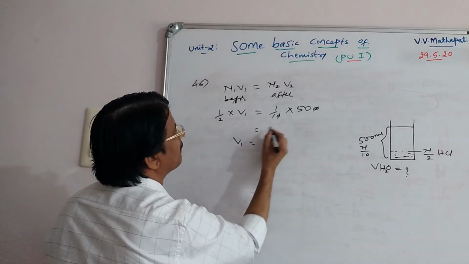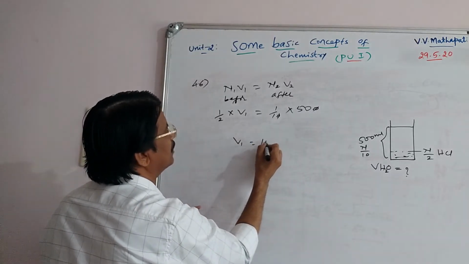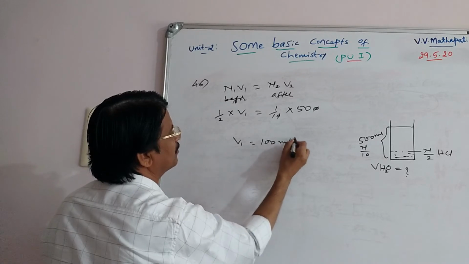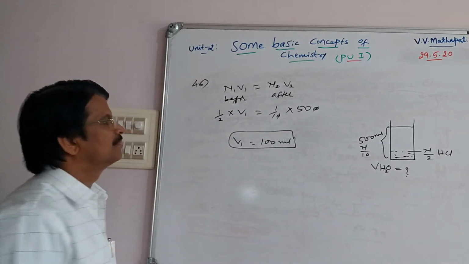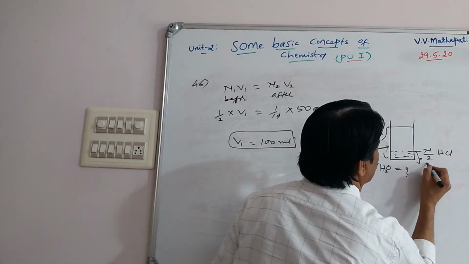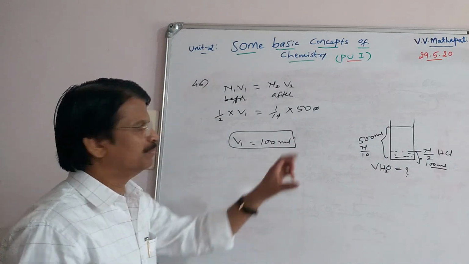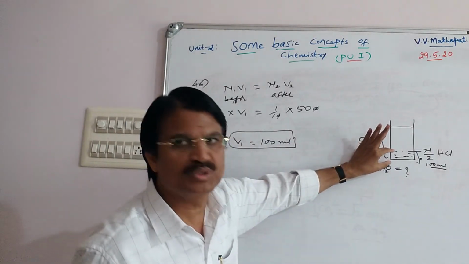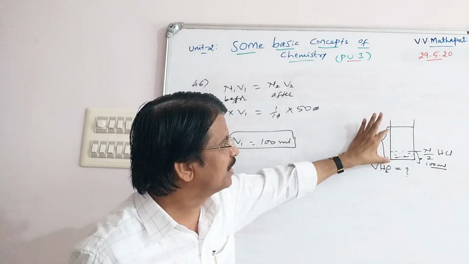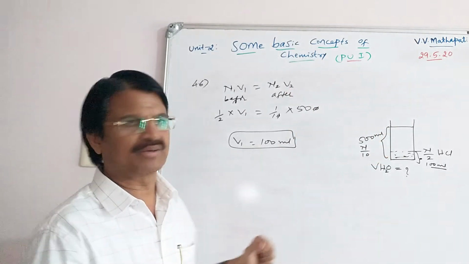V1 equal to 100 ml. Yes, this volume I calculated. Means in the beaker already 100 ml solution is there, but we made it up to 500. Then how much quantity of water is added, that you have to calculate.